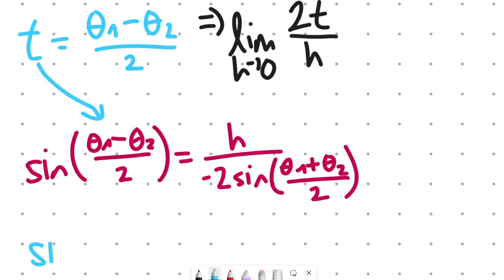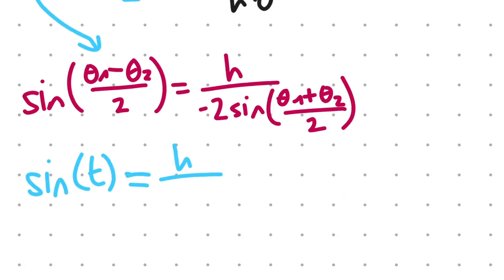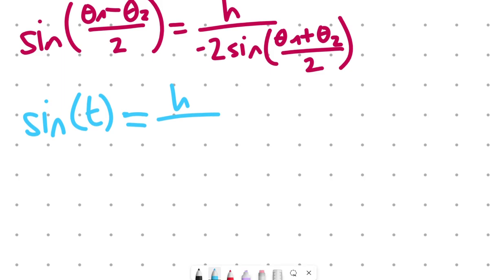So the sine of t would be equal to h over negative 2 sine of (theta 1 plus theta 2) over 2. Now we want t, so we would normally take the inverse sine, but if we take the inverse sine, the expression will look very complicated.